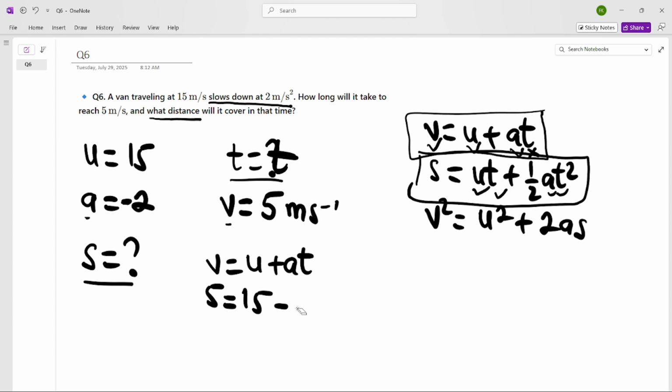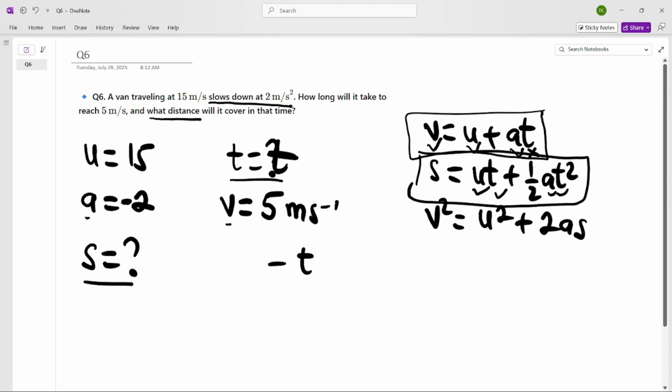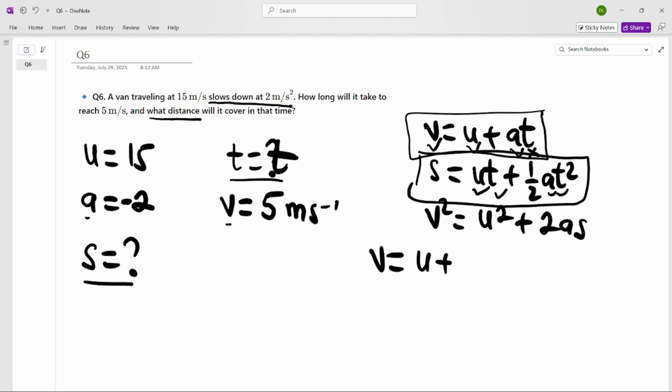Let me see what we can have here. So we are using the s rather. So we have s equals ut plus half at squared.